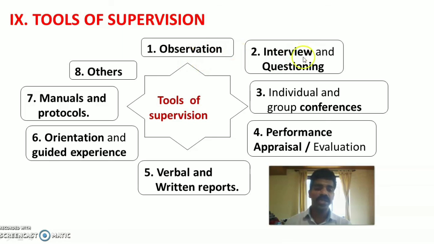So observation, interview, questioning, individual and group conferences, performance appraisal or evaluation by evaluation format, verbal reports and written reports or documents, records and reports of the employees, orientation and guided experience of the employees, manuals and protocols and others. Let us see what are the other tools for supervision.